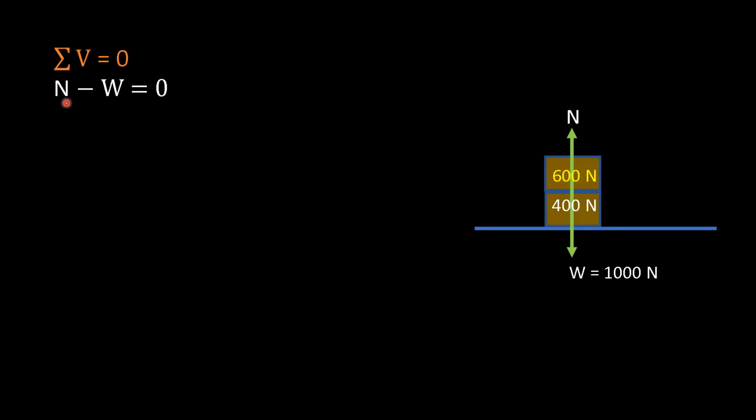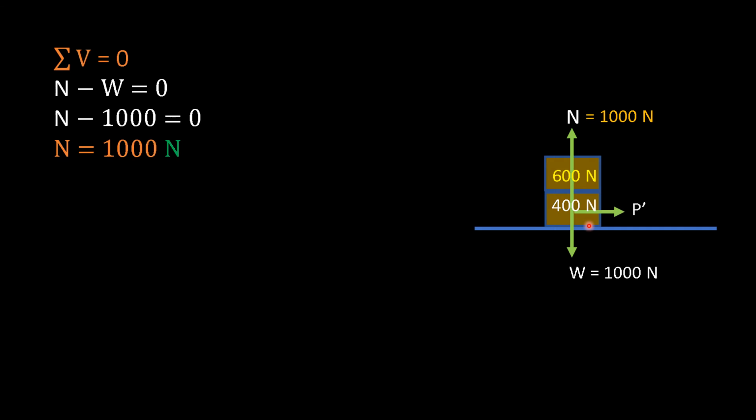This gives us N minus W equals 0. N is positive because it is acting upwards. W is negative because it is acting downwards. So N minus 1000 is 0. That gives us N equals 1000. So our normal reaction is 1000 Newton.